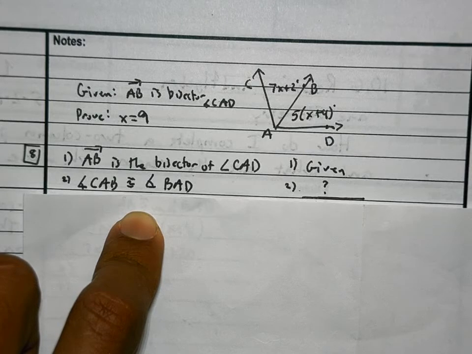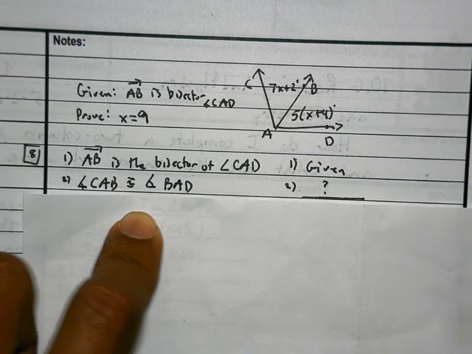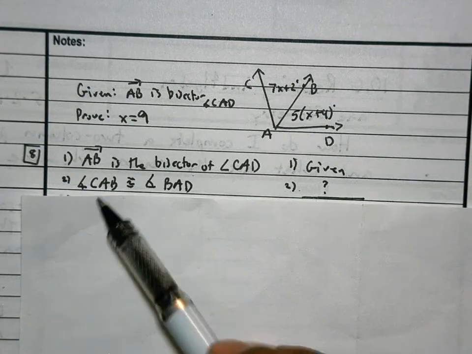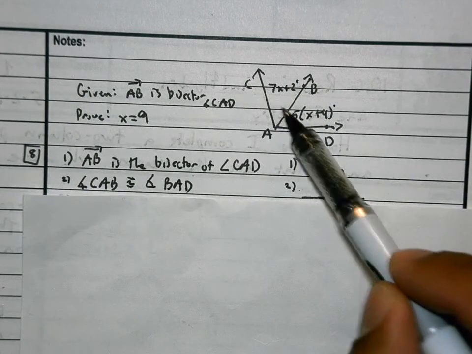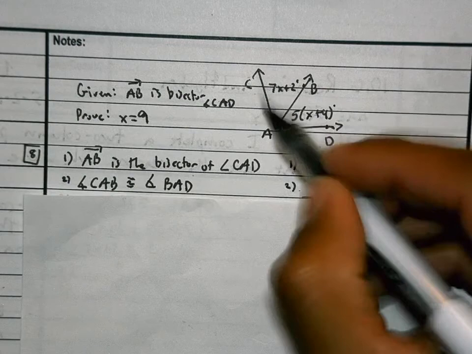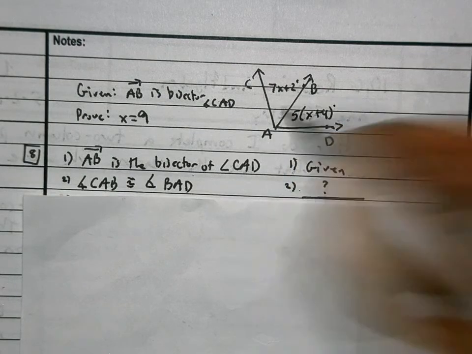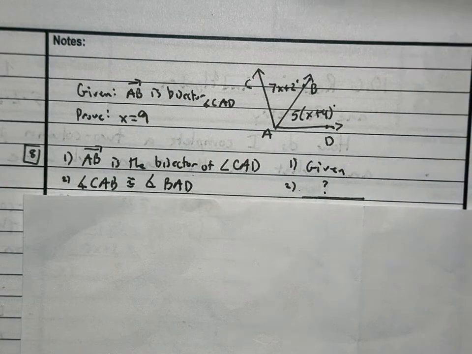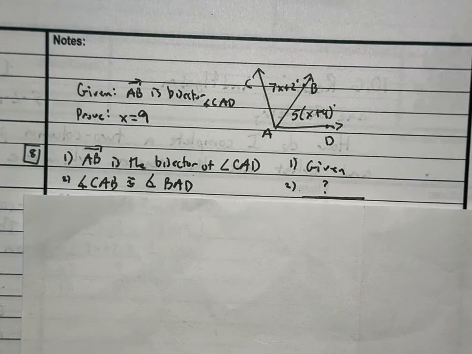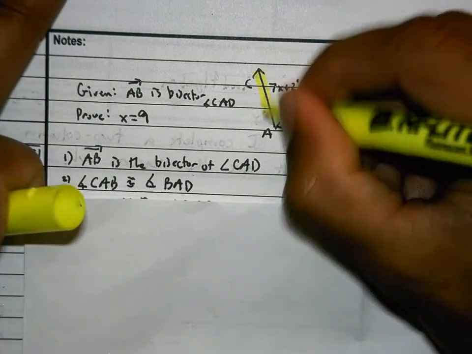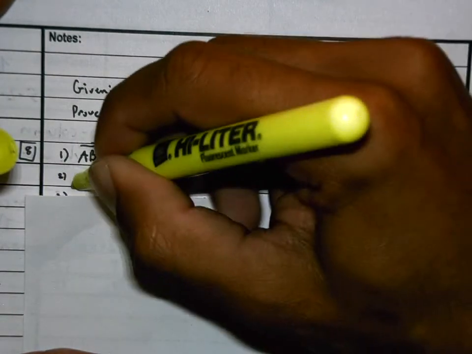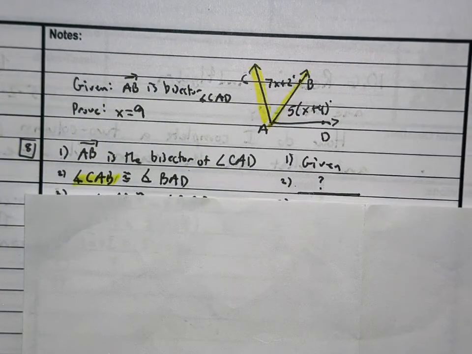This one, we have to look at the picture. CAB, this angle here that I'm pointing at, let's do a color. CAB, this angle, is congruent to this angle.